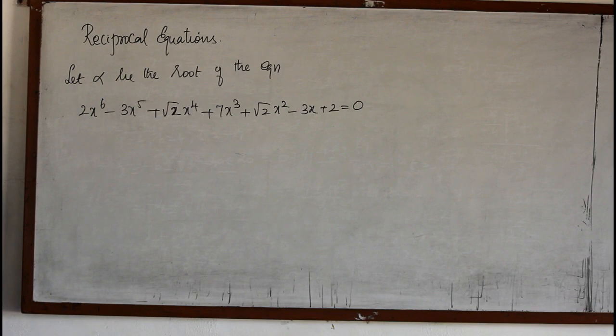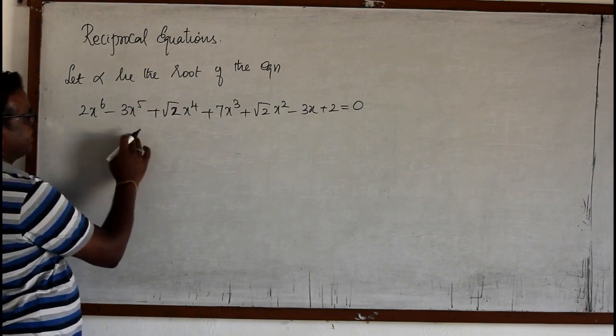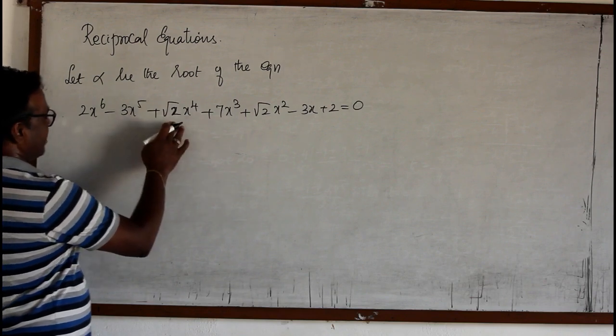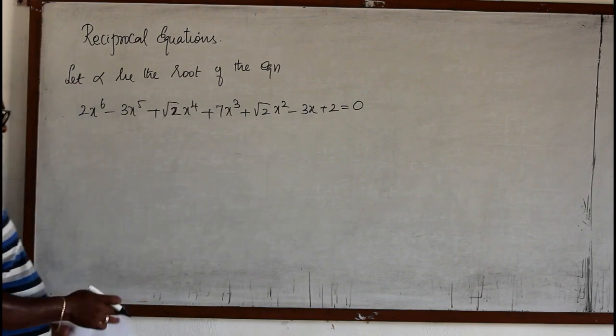So I am having just an equation of degree 6 in which the roots are not compulsorily real. We also have some irrational numbers.